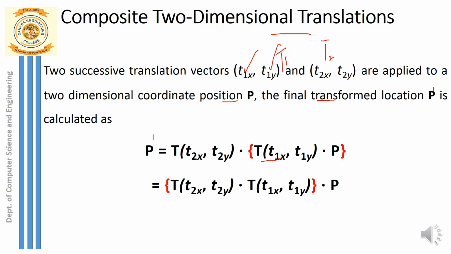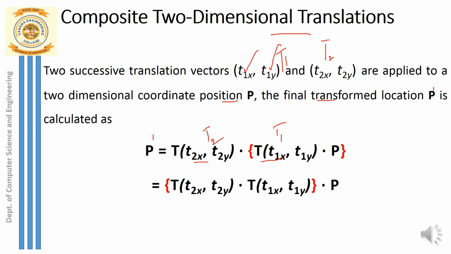So first you apply the first translation T1, represented as T1x comma T1y, and you multiply it with the point P, and then you multiply that product with the next transformation, T2.